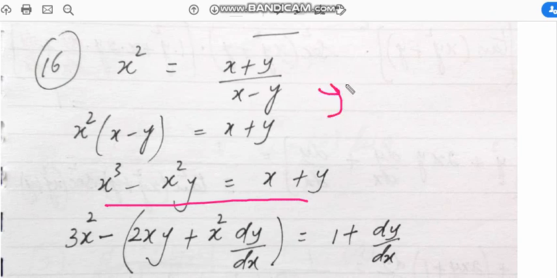If you take the terms involving y on one hand side and terms involving x on other hand side, this becomes x cube minus x, and then taking y common will give us 1 plus x square that will come on the denominator of the other term, and you can solve this by our previous method.